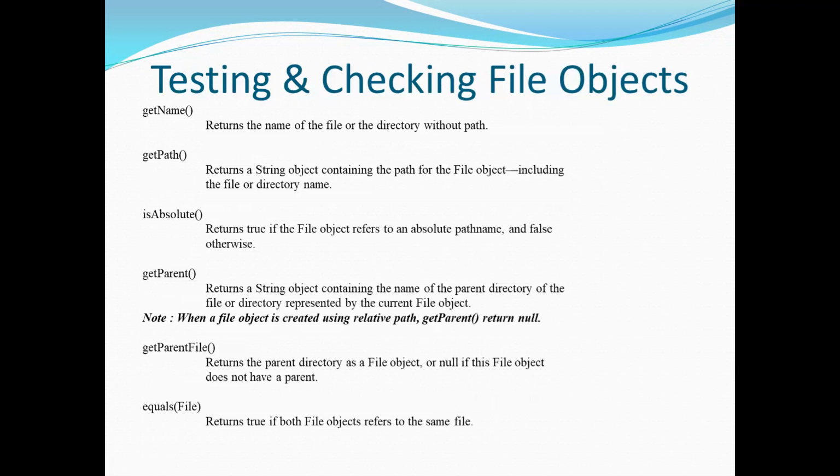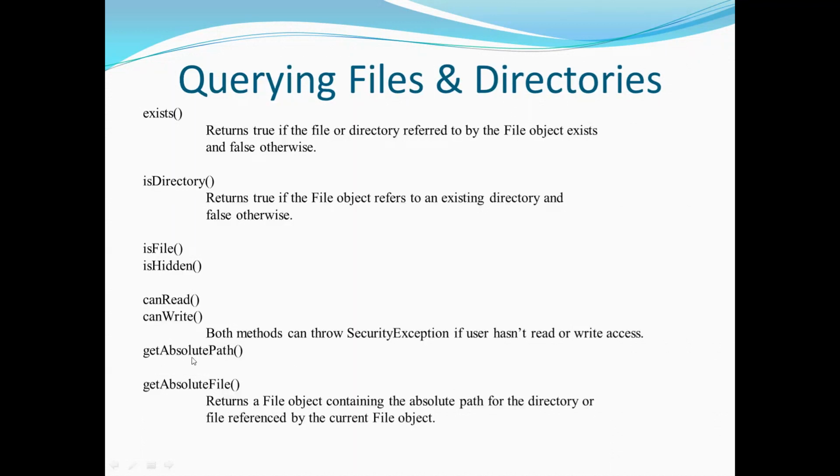Similarly, getParent and getParentFile: getParent returns the name of the parent directory in the form of a string, and getParentFile returns the parent in the form of a file object.